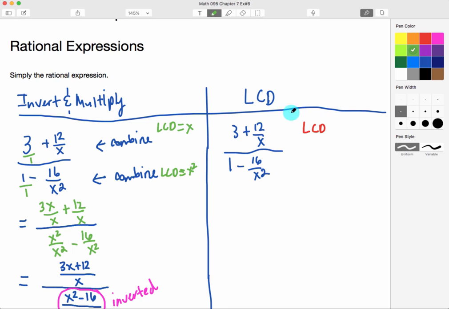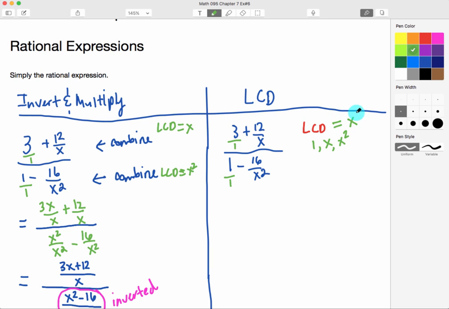So to help myself out, I'm going to put in some 1s in the denominator. So I have a denominator of 1, and there's a denominator of x, there's another 1, and then there's an x squared. So what is the LCD of 1, x, and x squared?